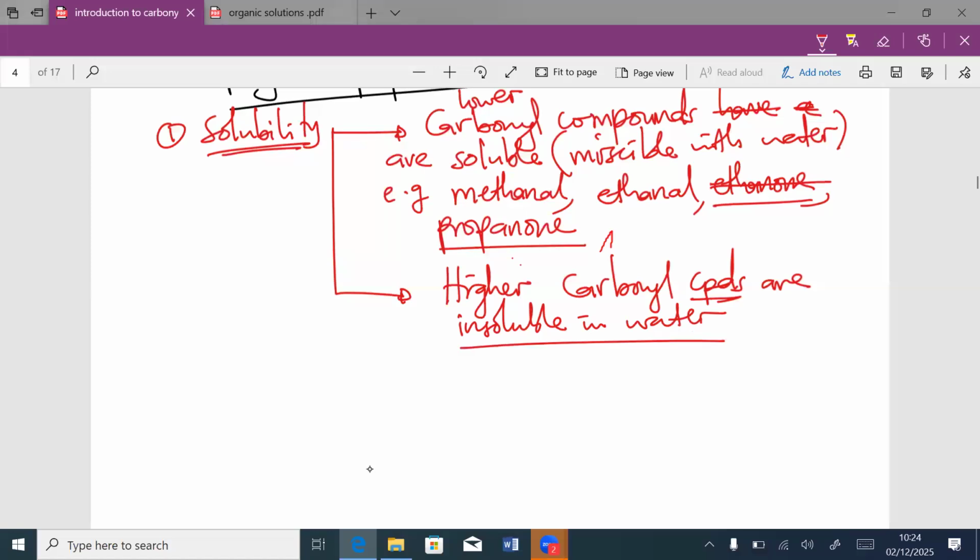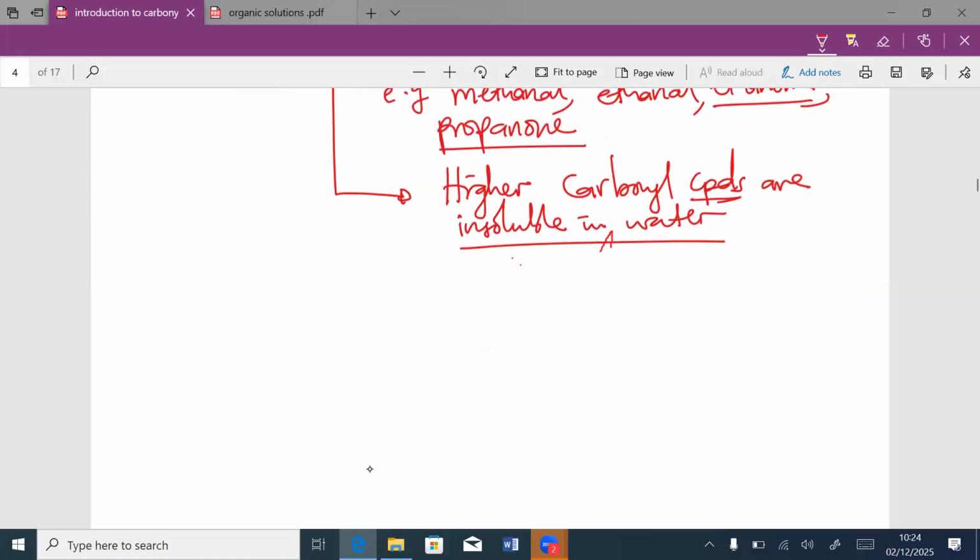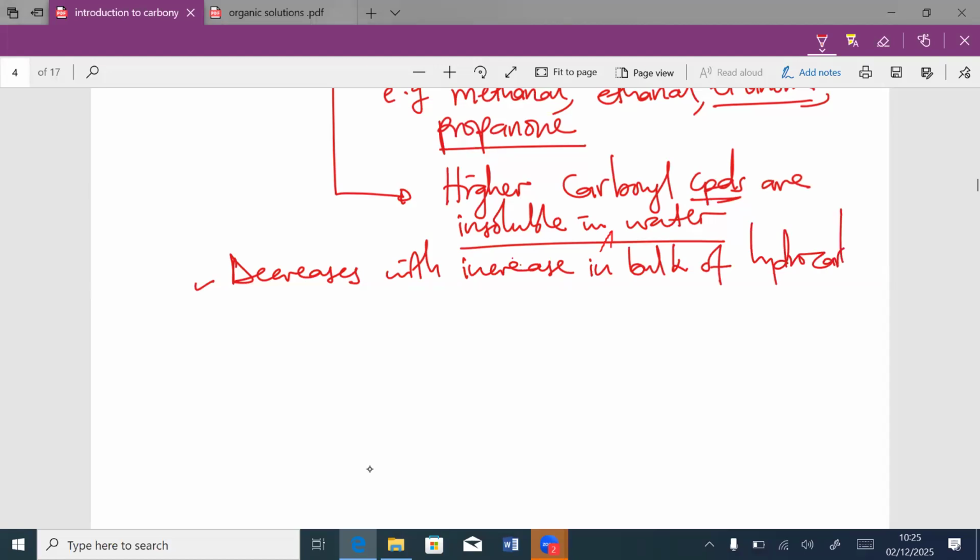So what happens is that solubility decreases with increase in the bulkiness of the hydrocarbon tail. It decreases with increase in the bulk of the hydrocarbon chain. So the longer, the more bulky the hydrocarbon chain.